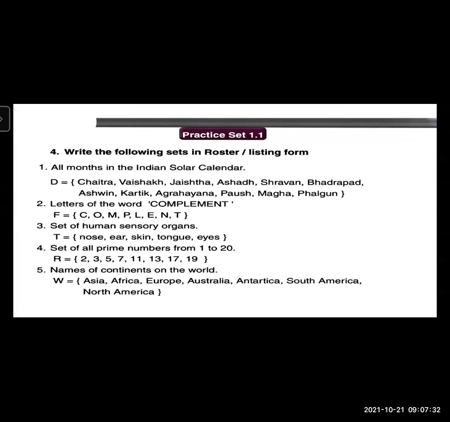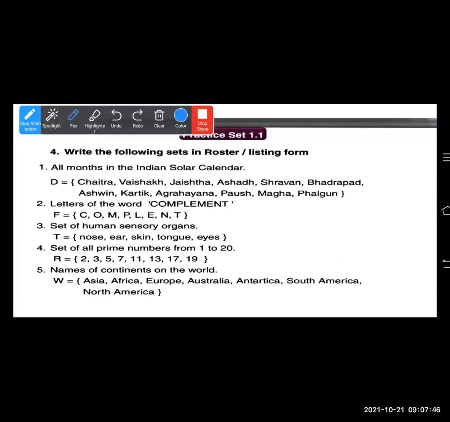Letters of the word complement: C, O, M, P, L, E, M, E, N, T. M will not repeat twice, E is not repeated twice. So you can write all this separated by comma. Set of human sensory organs are nose, ear, skin, tongue, eyes. These are 5 sensory organs which you have studied in 3rd standard.